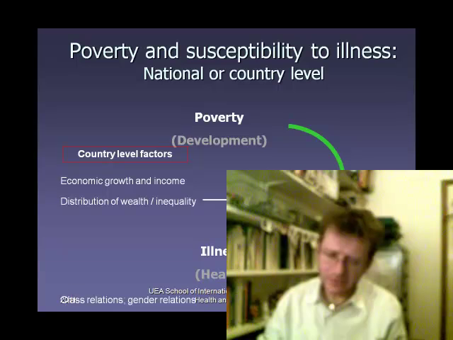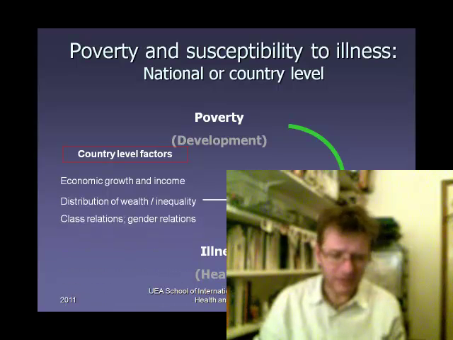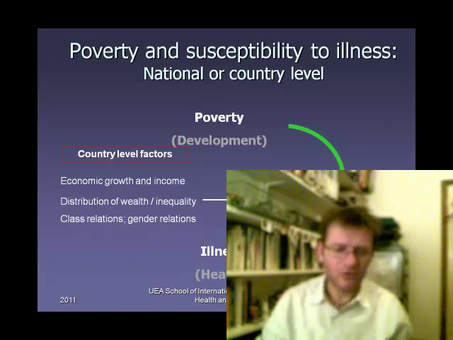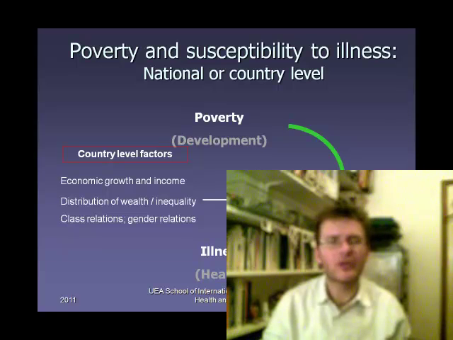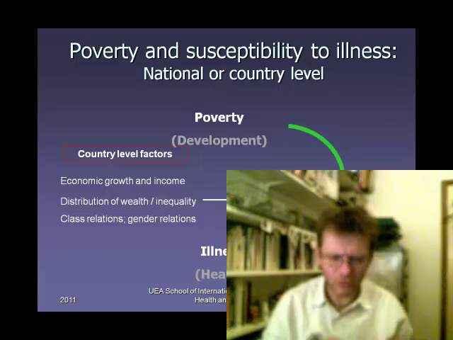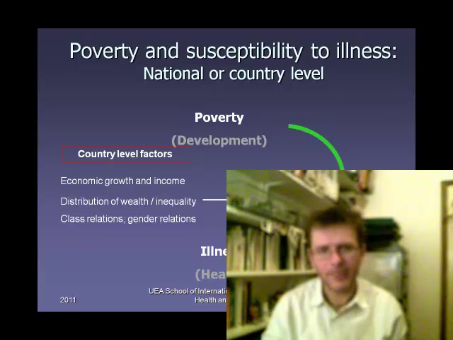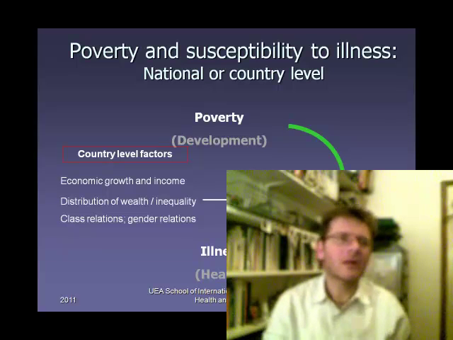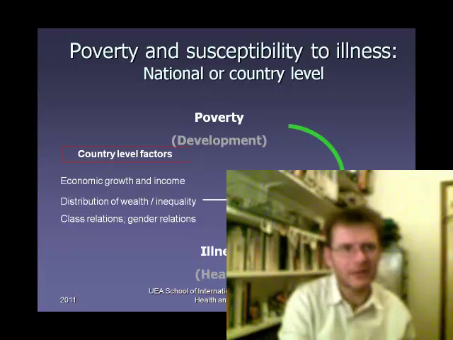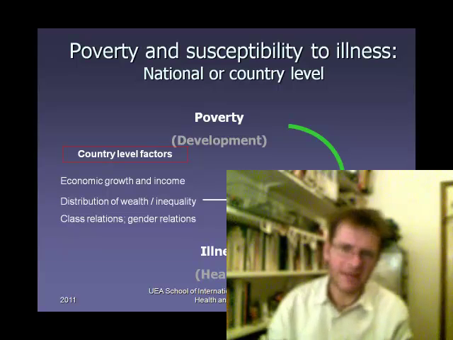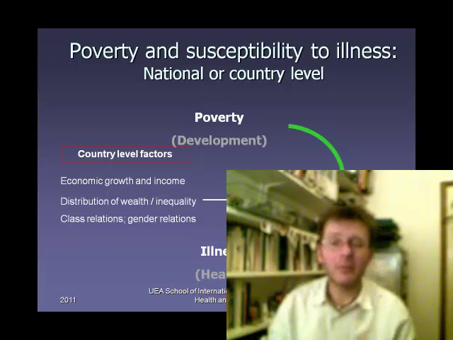Now, linked to the distribution of wealth are what we might call social structures in society that cause inequality, and I've selected two here: class relations and gender relations. By class relations, I mean who are the people that have things and who are the people that have less in a society. For example, land.